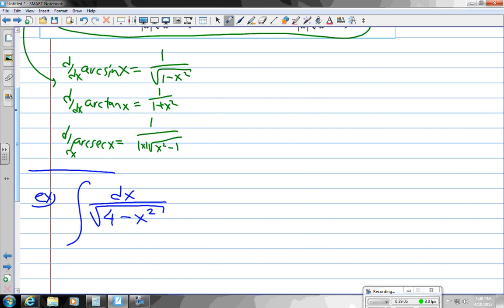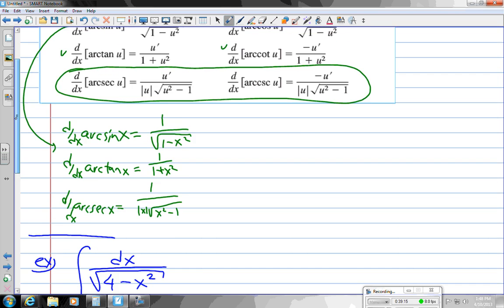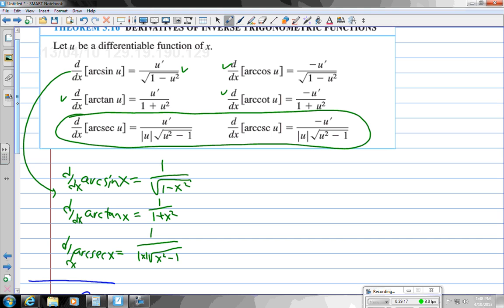Which one does it kind of look like? Arc sine, right? The difference is instead of 1, it has 4. So if we go back here to our arc sine, it looks like 1 is kind of a big deal, while x could be any other function.